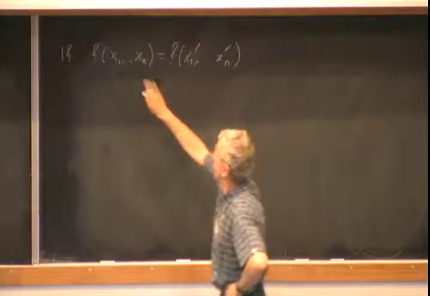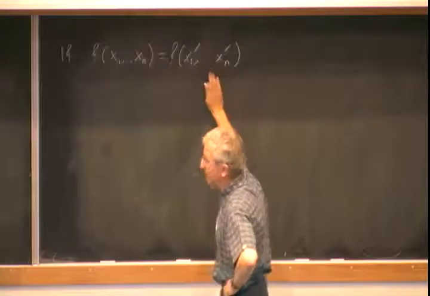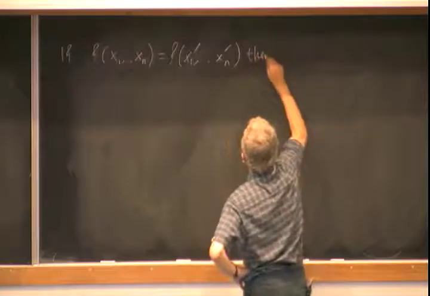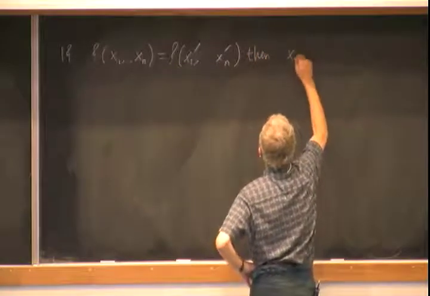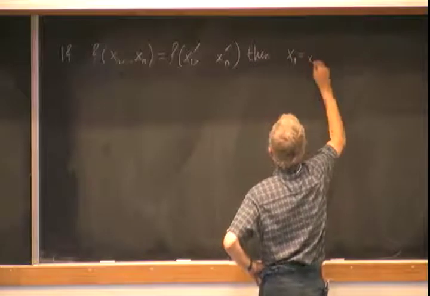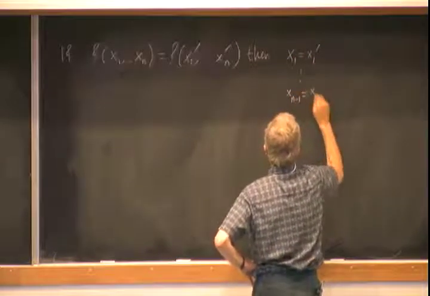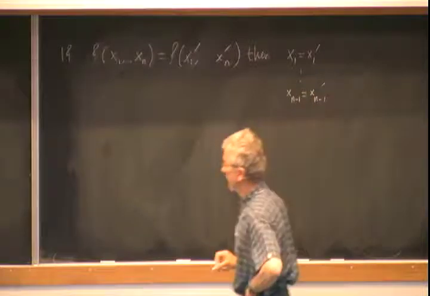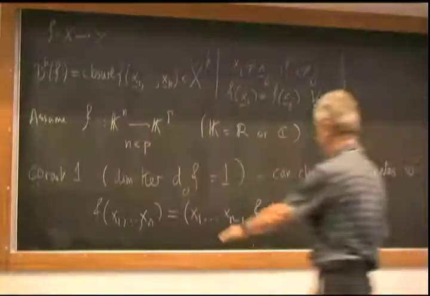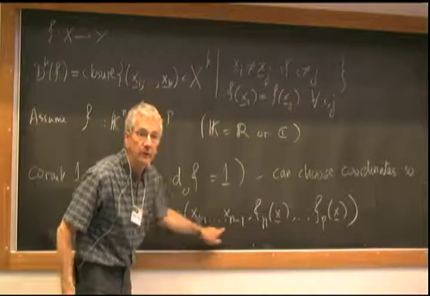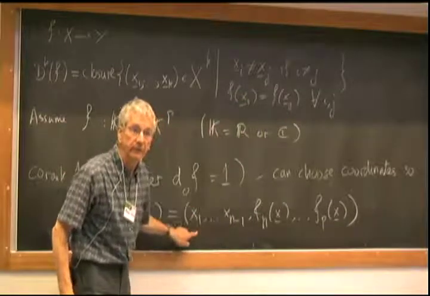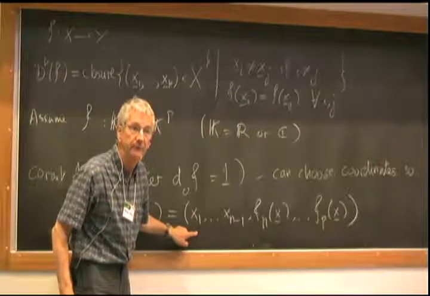So here are 2 points in Rn with the same image. Then x1 equals x1 prime, all the way down to xn minus 1 equals xn minus 1 prime, right? Because these coordinates, the first n minus 1 coordinates are retained, are on display, so they must be the same.